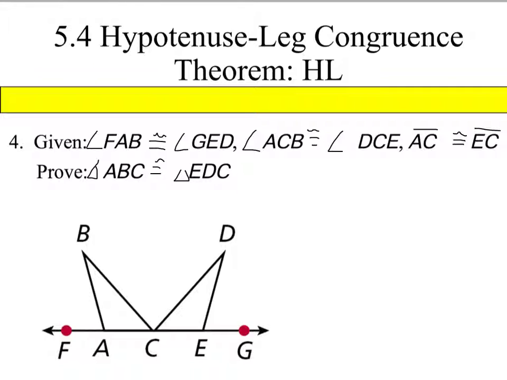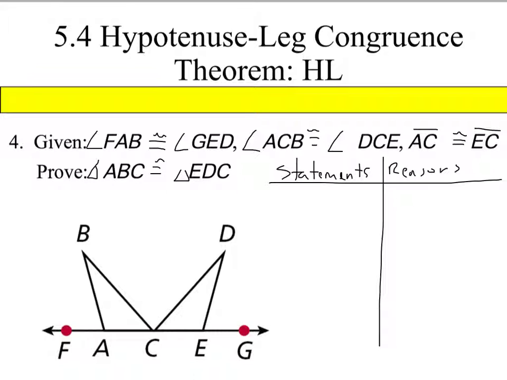All right, here we go. I'm just going to set up my thing here, and let's get going. Okay, step 1: angle FAB is congruent to angle GED. And that is given. That very first thing is given. Step 2, we have angle ACB, which is this angle right here, is congruent to angle DCE.